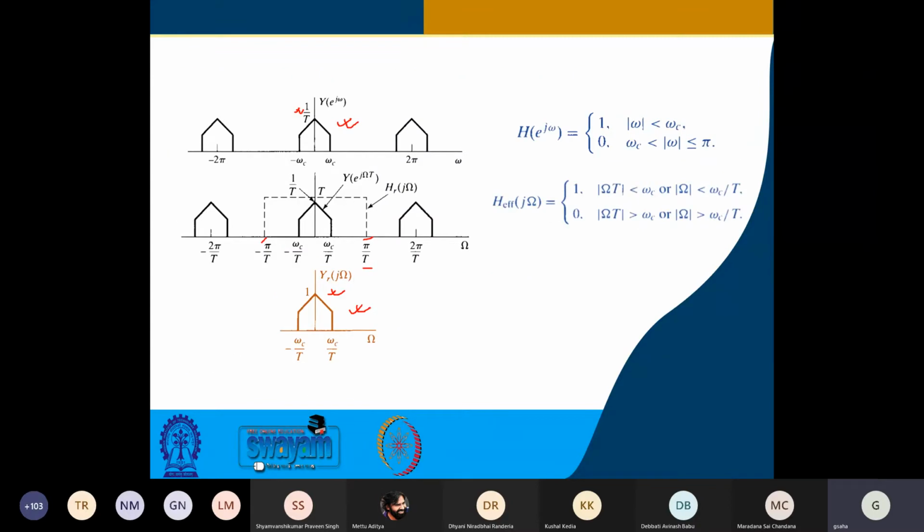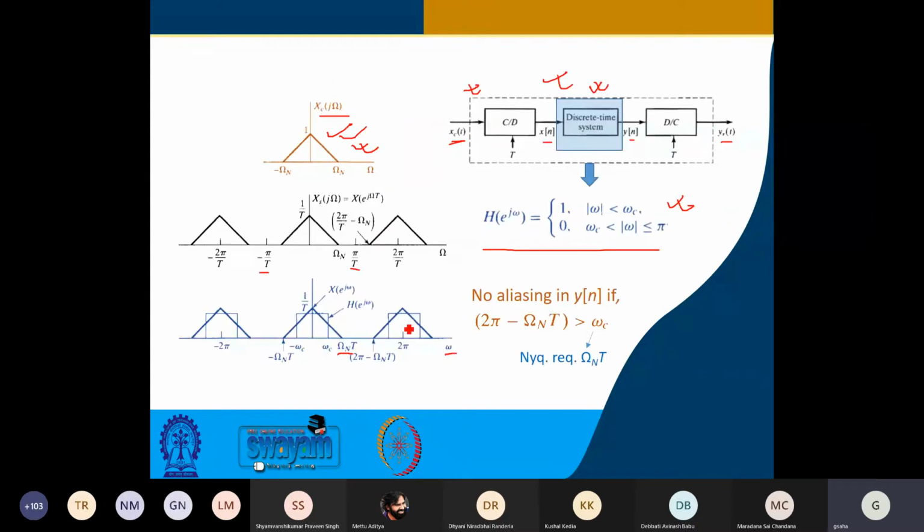So that was an example where you have a discrete time system, a low pass filter, and you are looking at what is happening to the overall effective H_eff(j omega) for the input output relationship.